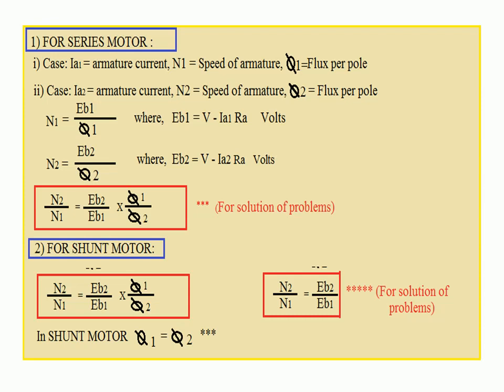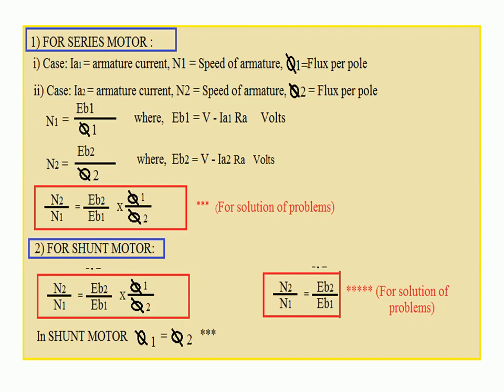Therefore you can obtain the expression N2 by N1 equal to Eb2 by Eb1 into phi1 by phi2. If the given motor is series, you have to remember this expression.